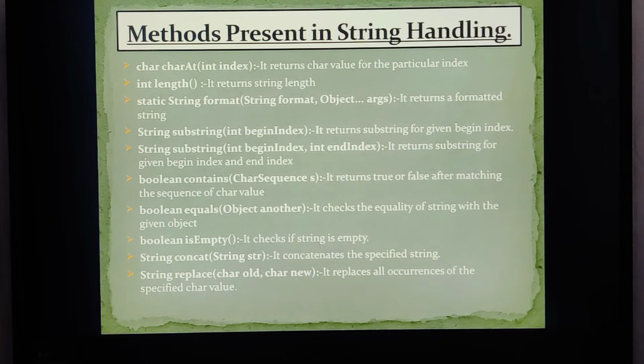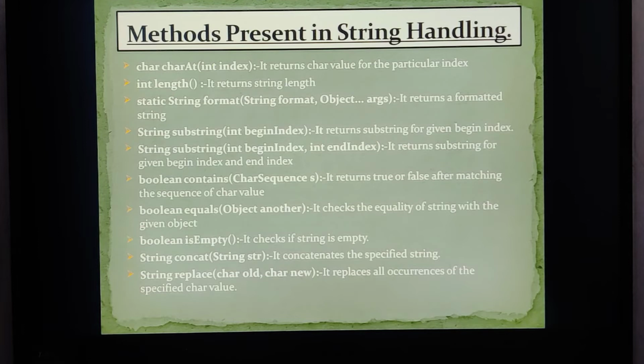Now we will come to the methods present in string handling. Here, char charAt(int index): by providing the number, it returns the char value at the particular index. int length returns the string length.